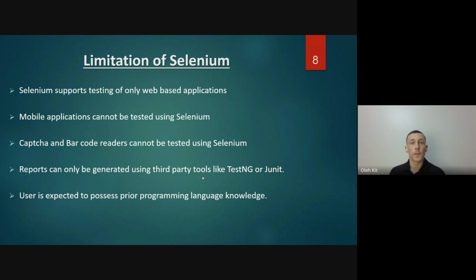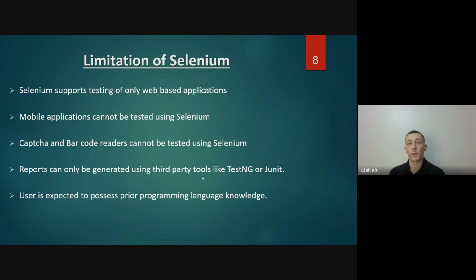So Selenium can't work with CAPTCHA or barcodes, but I think a very short list of programs can work with it because it's created to stop automation. So I don't know if there is a program that can avoid or work with CAPTCHA or something like this.